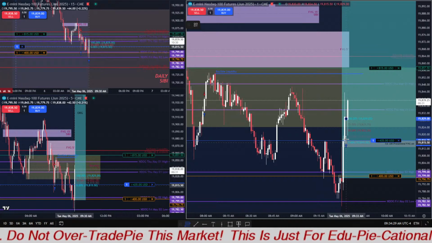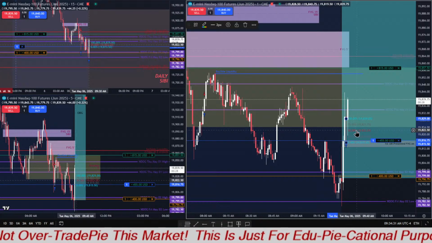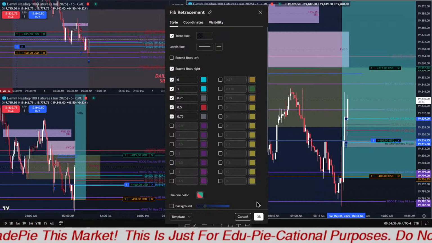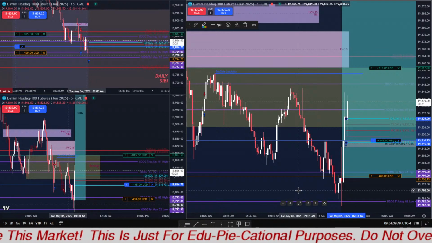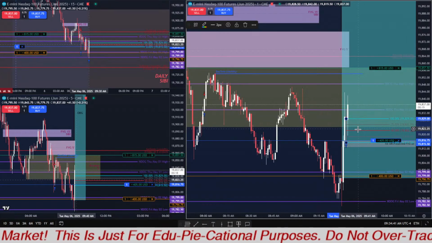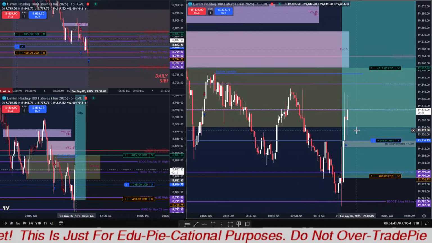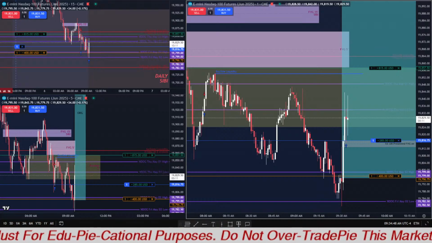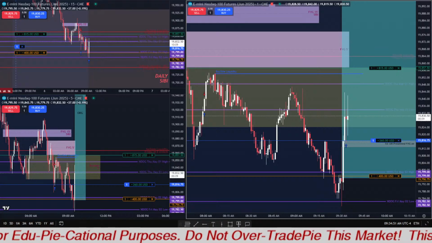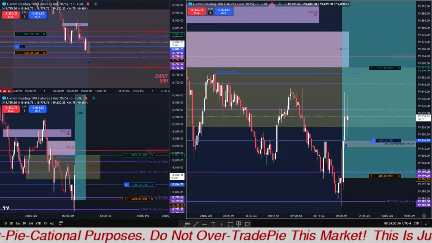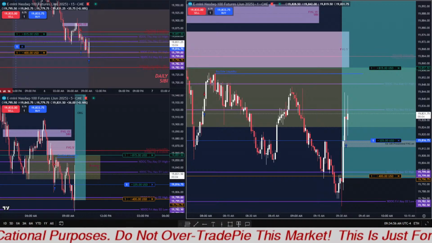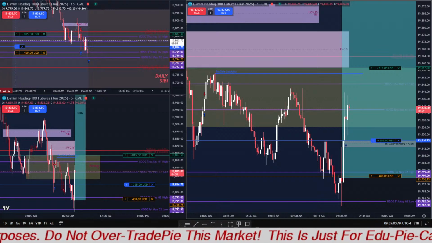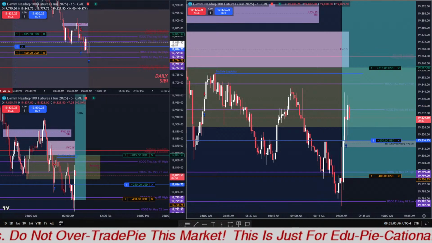Now I'm looking at the market reactions to this midpoint. So far we are trading below the new day opening gap of May 1st.